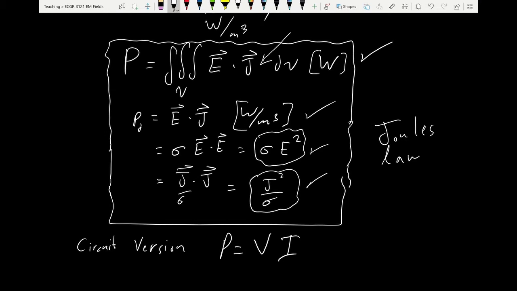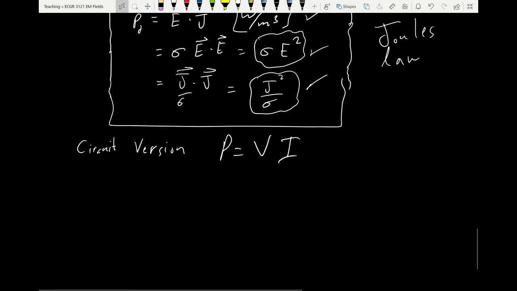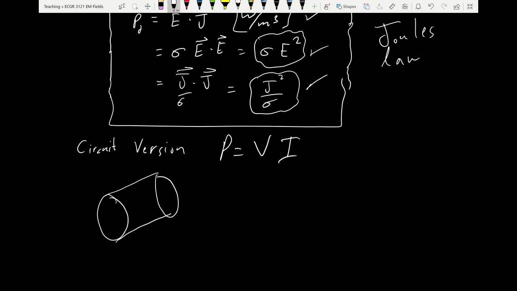Yes, we can. We use the property that if we take a cylinder, this is dl in this direction, this is total length L, and this is S, let's say. And then we have the electric field inside and J inside.